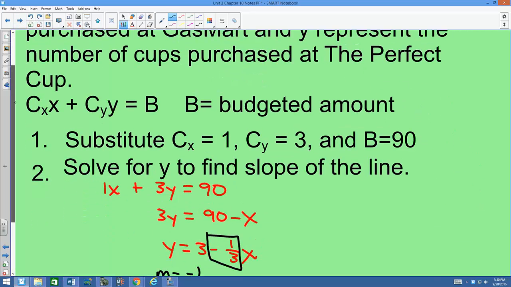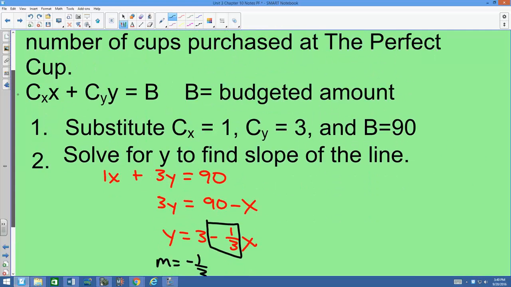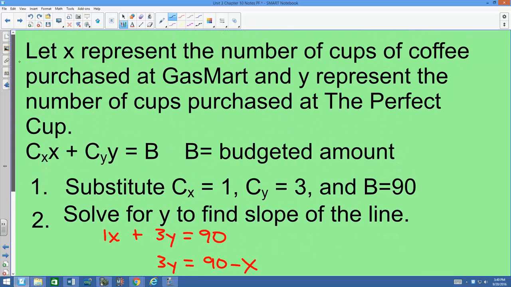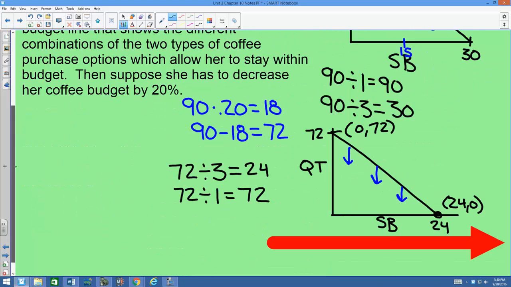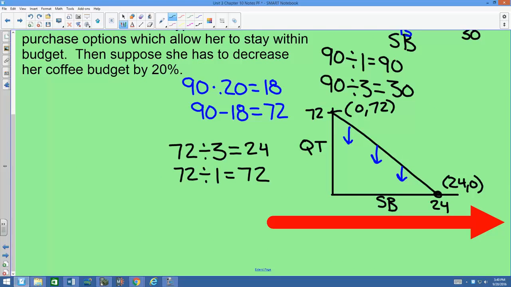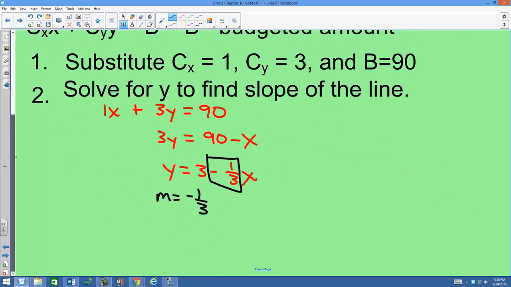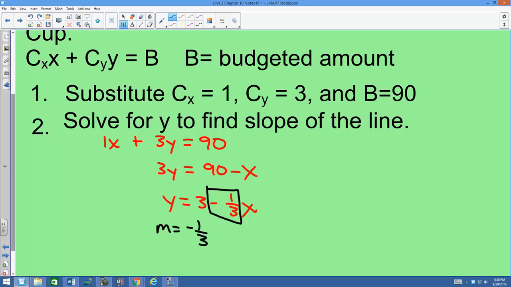All right. So this was just going over calculating that line. If we wanted to calculate what the slope is, what we would do is set up an equation.